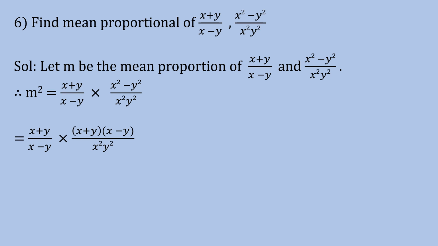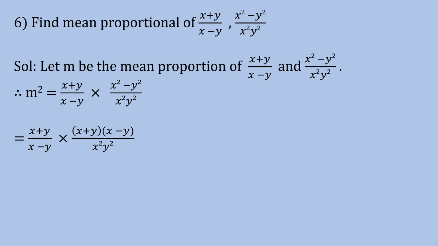So that is equal to x plus y as it is, you'll write down, upon x minus y into, now here we have used the a square minus b square identity, that is a plus b into a minus b. So it will become x plus y into x minus y upon x square y square as it is we have to write.